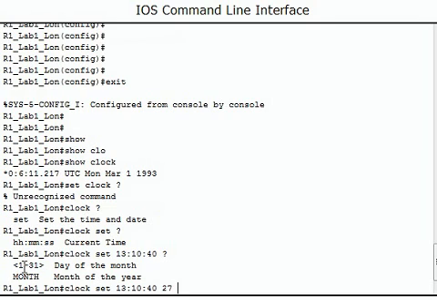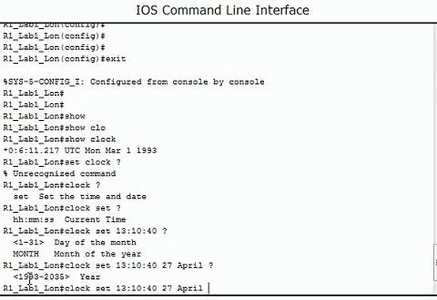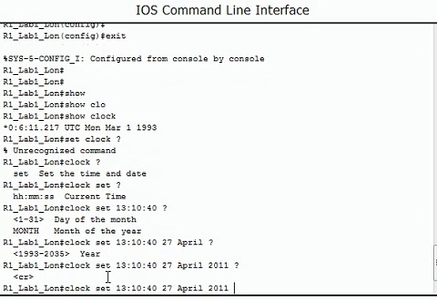It also shows that you can enter a month, so I enter 27 and then April, and then a question mark, and it asks for the year. Okay, 2011. If I enter a question mark now, it just shows carriage return, meaning my command is now complete and I can press enter.